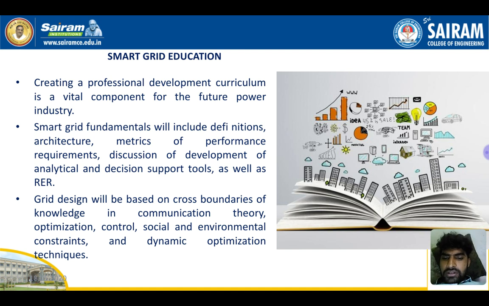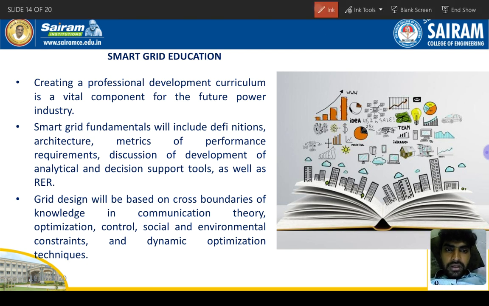Grid design will be based across boundaries of knowledge: communication theory, optimization control, social and environmental constraints, and dynamic optimization techniques. With optimization techniques, we are reducing the losses and increasing the efficiency of the power system components, and also improving the overall operation and easy access to the power supply. So the knowledge we are improving and updating.